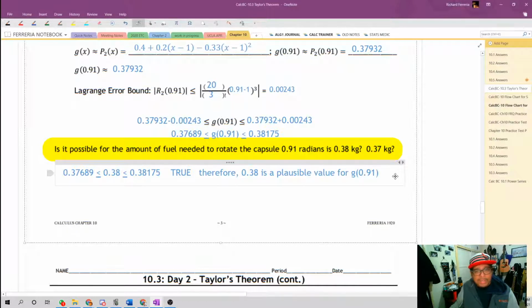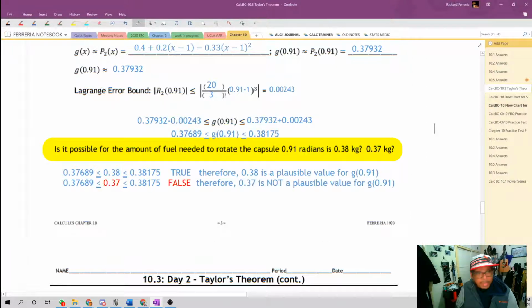Now look how this is different if we try to do this with 0.37. If we try to put the 0.37 in there for g of 0.91, we create a false statement. So because our statement is false, 0.37 is not a plausible value for g of 0.91.